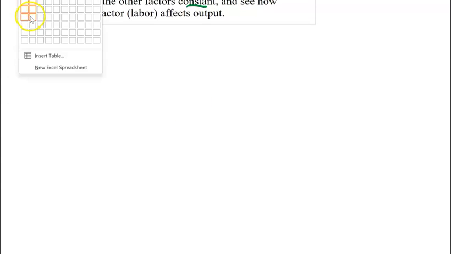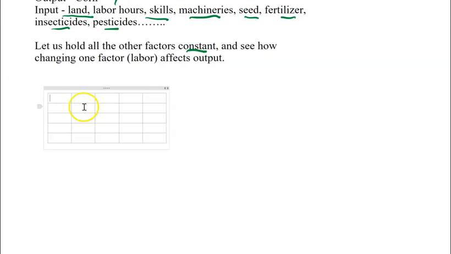Okay, so let us look at a table. I'm going to insert a table. Let's say labor hours. How many hours of labor am I using? Or I could also use labor units, each additional unit of labor that I'm employing.